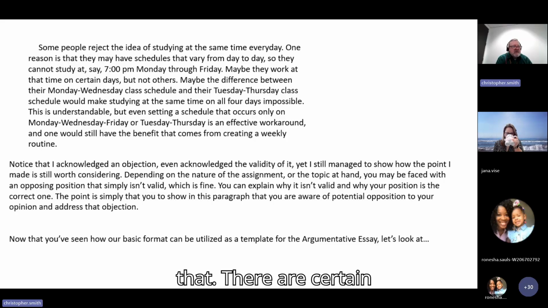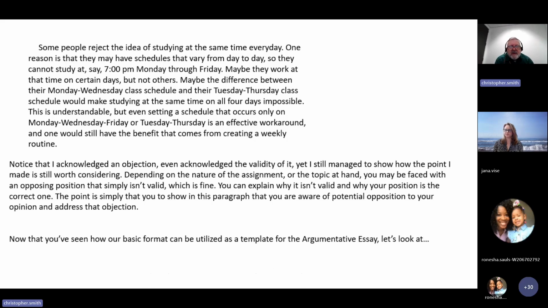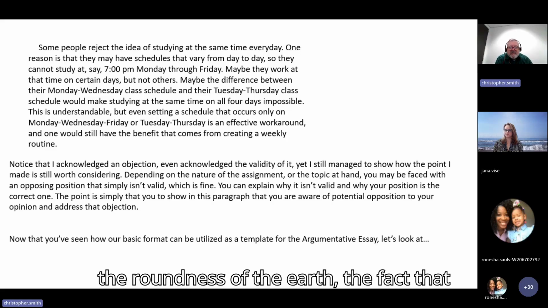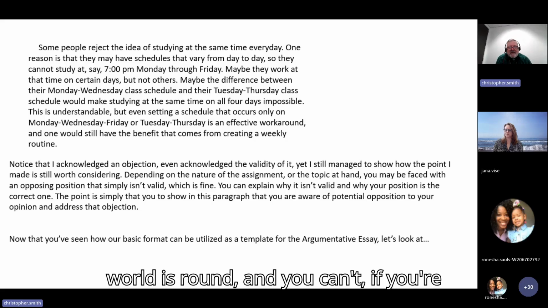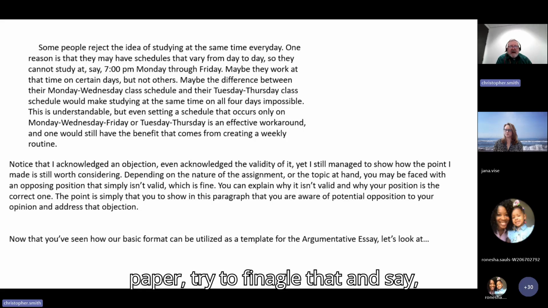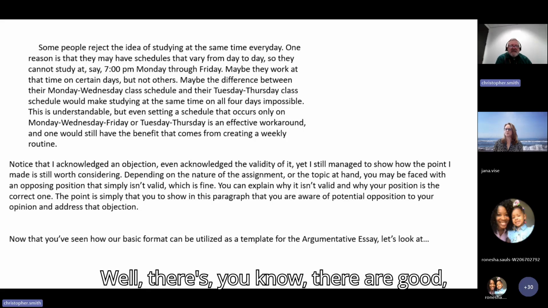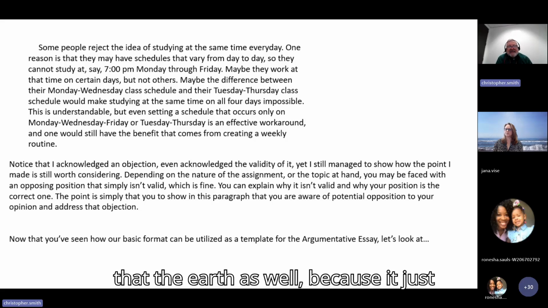There are certain moral arguments that cannot be argued, and there are certain factual ones too. If you're writing about the roundness of the earth, the fact that there are flat earthers who deny the world is round, you can't, if you're writing a scientifically valid paper, try to finagle that and say, well, there's some good reasons for thinking that the earth is flat, because it just isn't.